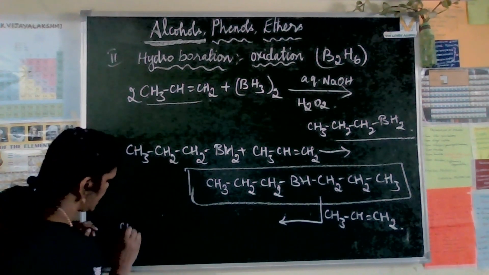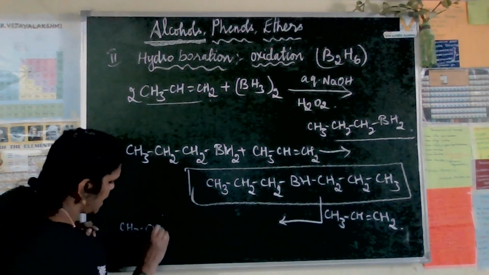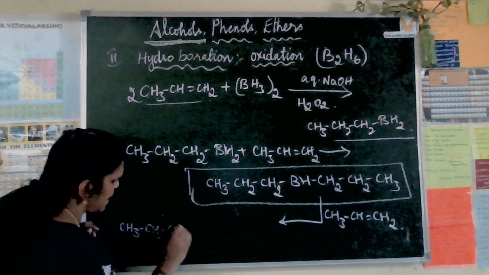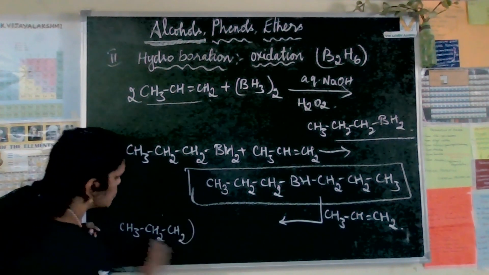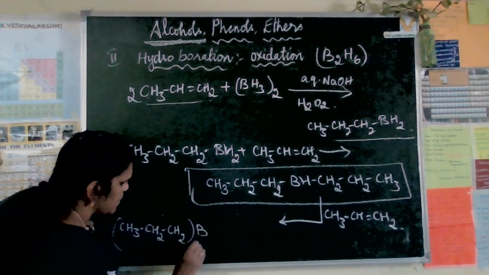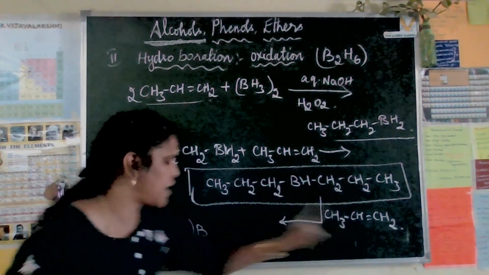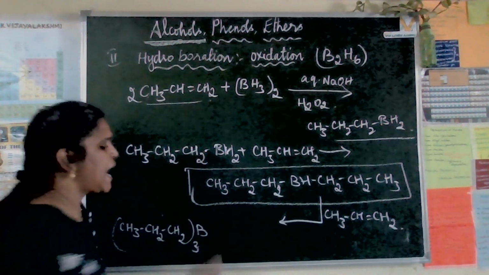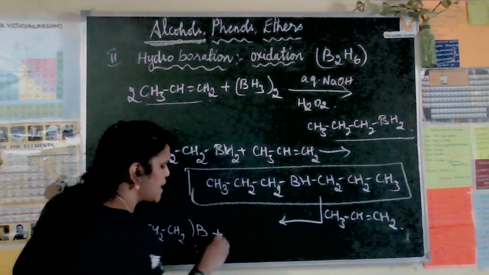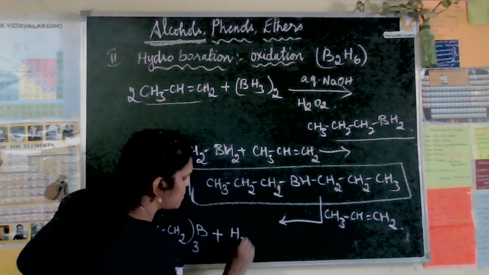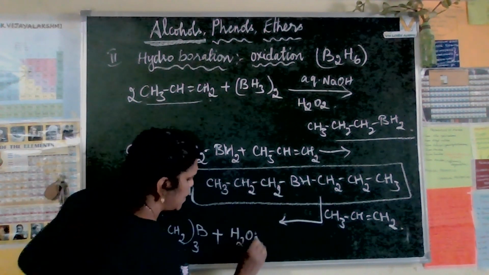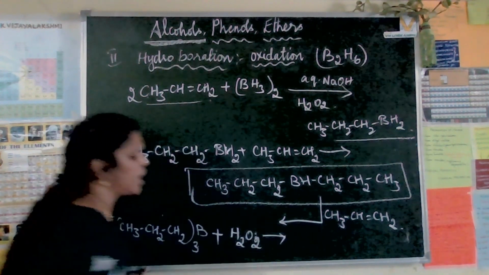And you are getting CH3, CH2, CH2, thrice B, three times. And again it will react with hydrogen peroxide. Now what happened?